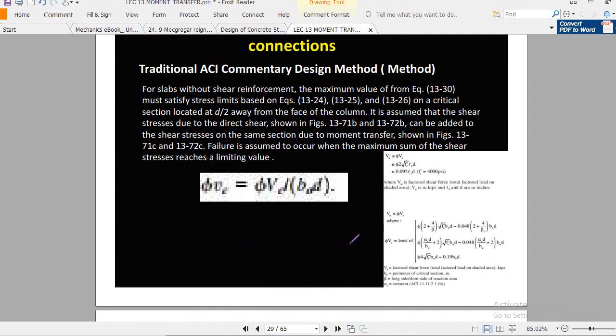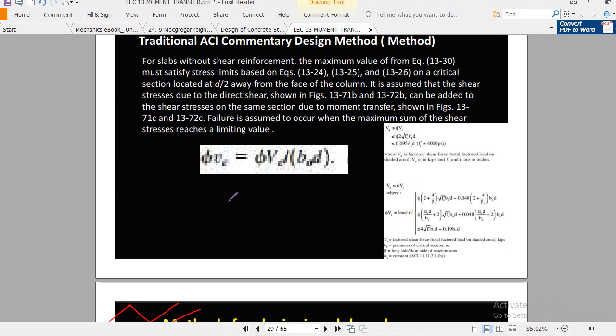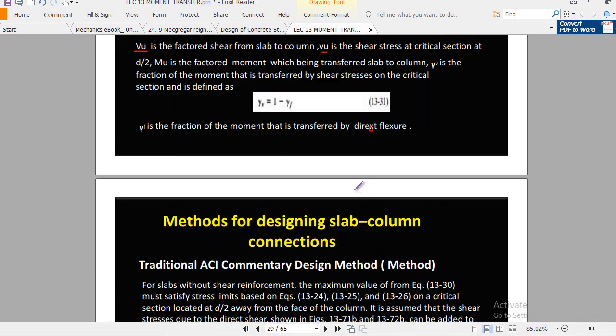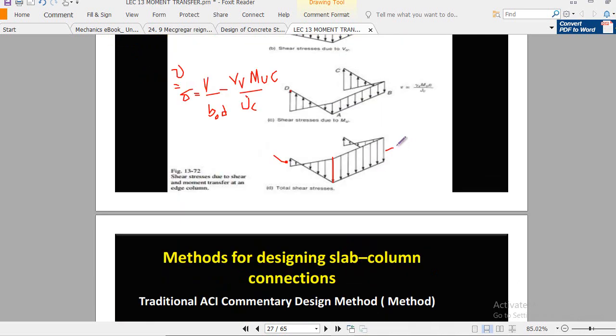Now remember, once you get your vu, the value which you got right here, you have to compare this shear stress, which is the total shear stress, against phi vc.